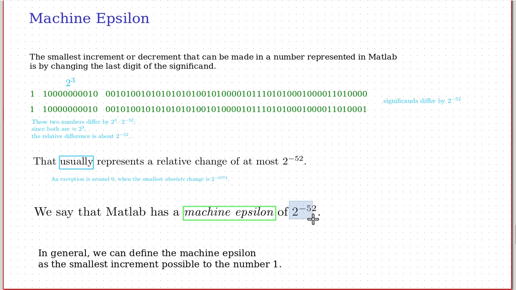If we try to add a positive number smaller than 2 to the negative 52nd to 1, MATLAB will just tell us the result is still 1. It won't know what to make of this smaller number. So this represents a fundamental limitation on our ability to do incremental computations in MATLAB.